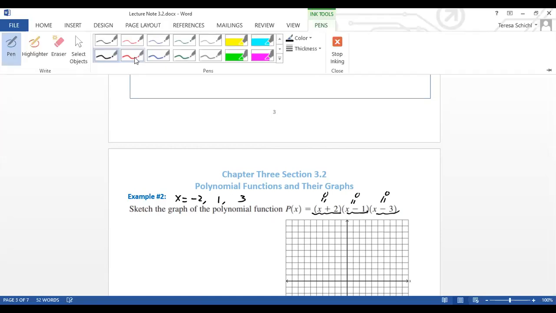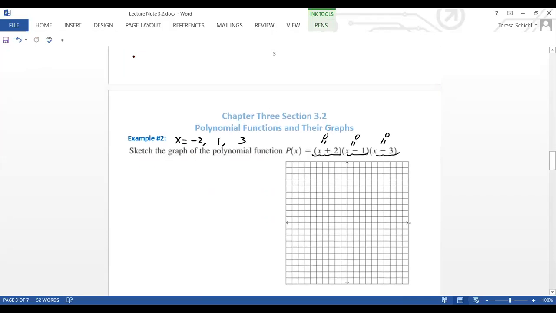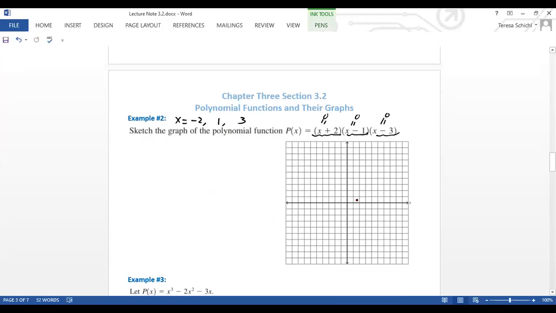So I know my x-intercepts will be at 1, 3 is here, -2 is here. I know my graph is going to go through those points here, right?